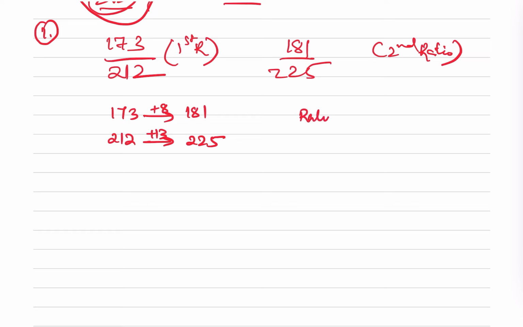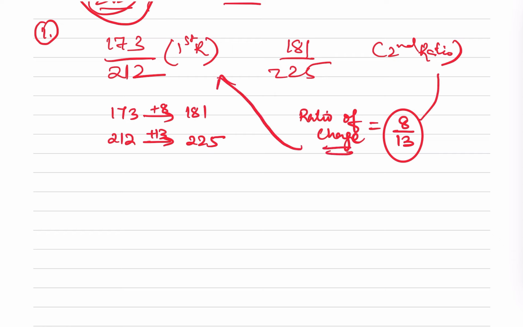So the ratio of change is what? 8 by 13. Right? Now you compare the ratio of change with the first ratio and the second ratio. For example, 173 upon 212 against 8 by 13.